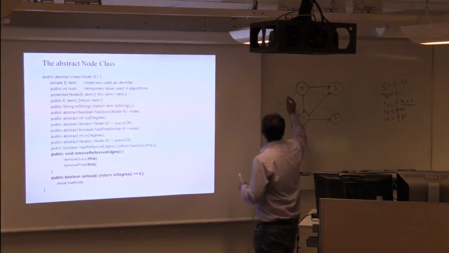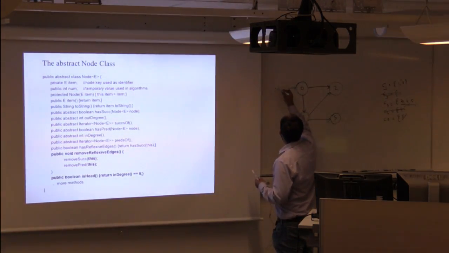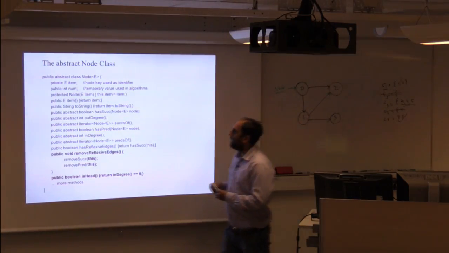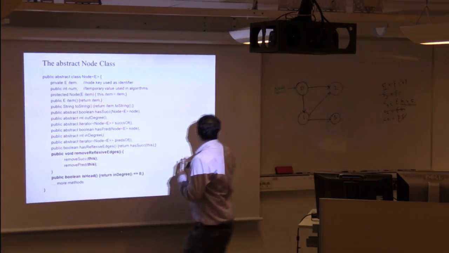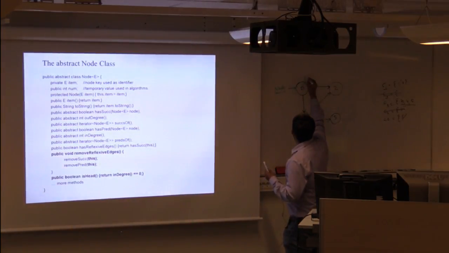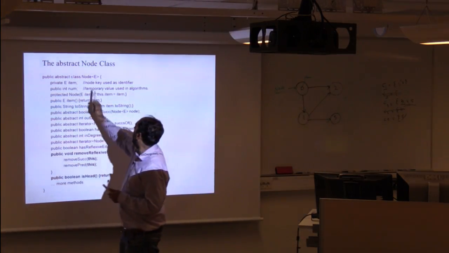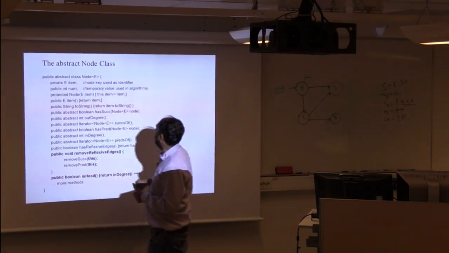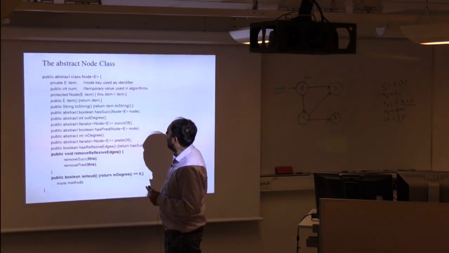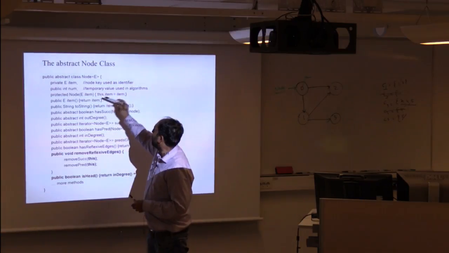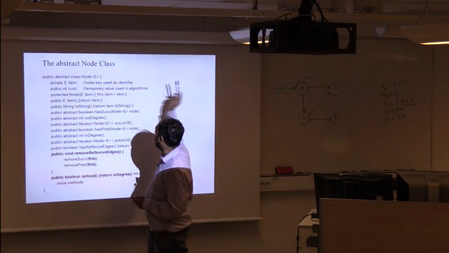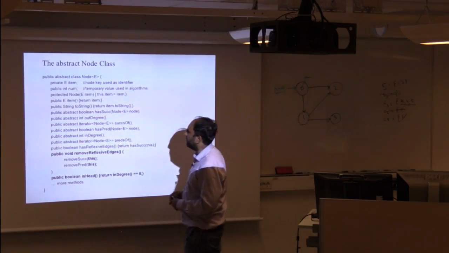So this node class is actually representing these nodes in your graph, and this item will be used to store these values. This is your item actually. And then you have number, a temporary integer value to use in the algorithm, and the constructor should be used to assign these values to the node items.